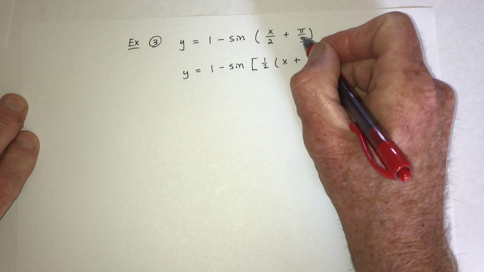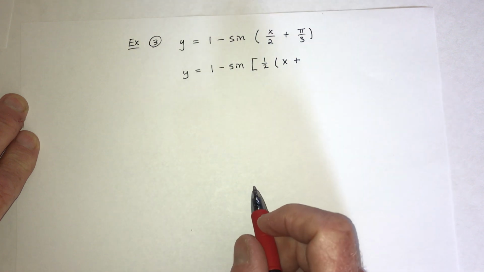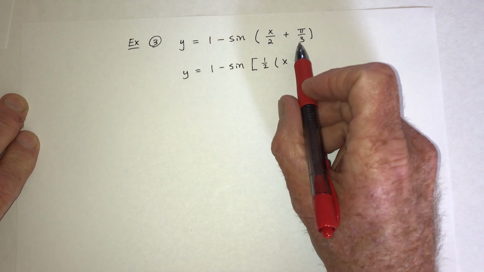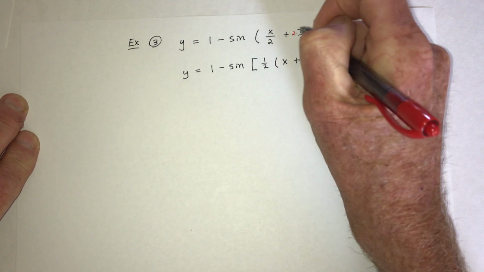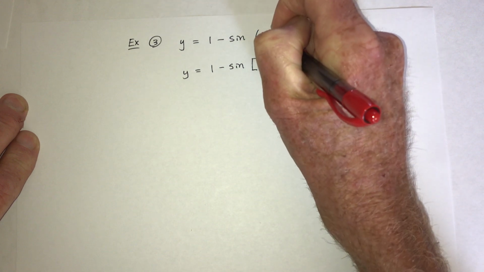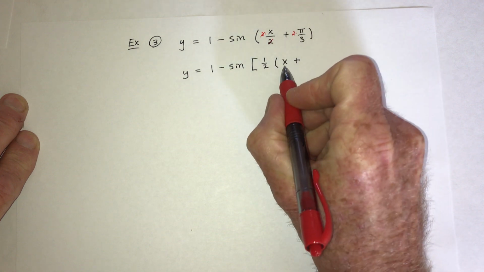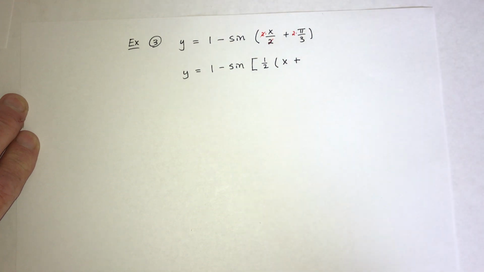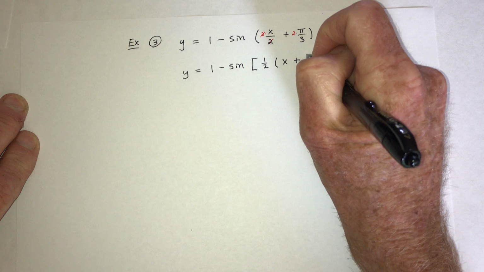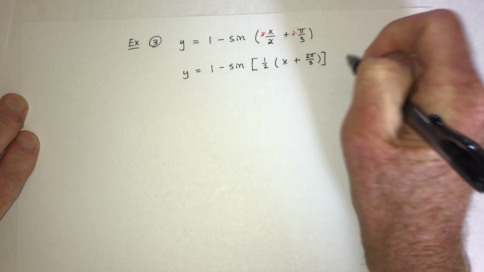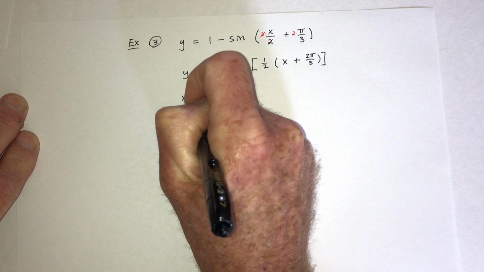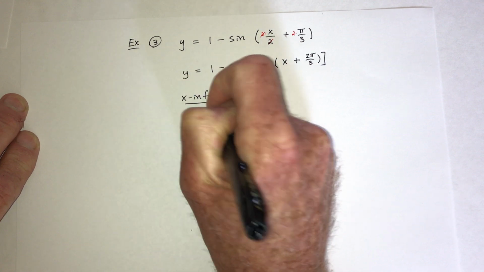So for this one, I also have to divide by 1/2. Well, dividing by a 1/2 is the same thing as multiplying by 2. And that way these 2's will cancel, it gives you just the x. And this will be 2 pi over 3. Okay, so here is the x information.